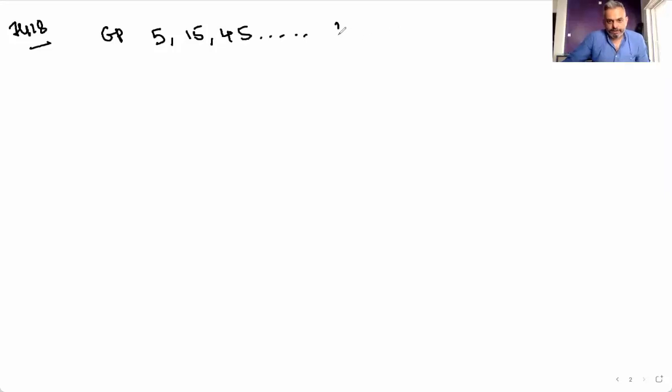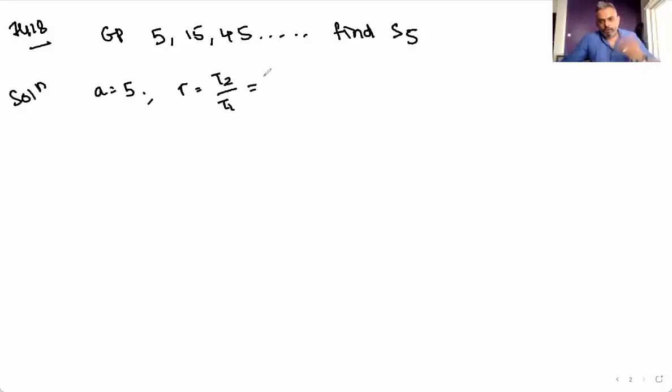We have to find S5. So let's start doing it. A is equal to 5. R is equal to T2 upon T1, which is equal to 15 upon 5, which is equal to 3. So A is equal to 5, R is equal to 3.